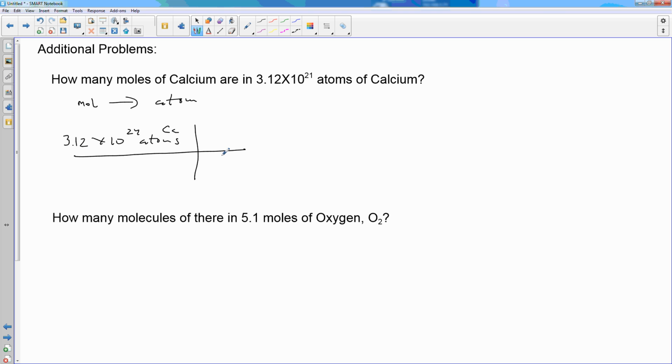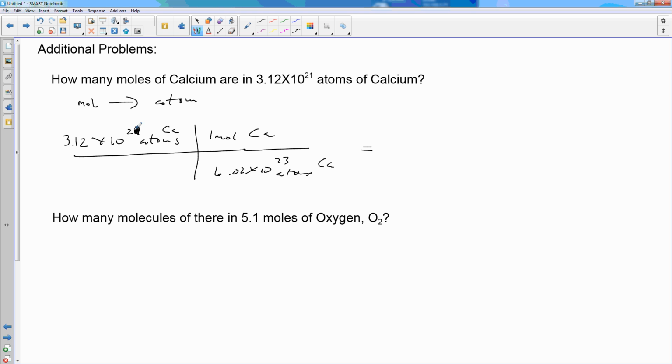and we know that 6.02 times 10 to the 23rd atoms of Ca is equal to 1 mole of calcium. And once again, you can see this number is larger than this number, so our answer should be greater than 1. Oh, I'm sorry, that's not true. This is a 21.